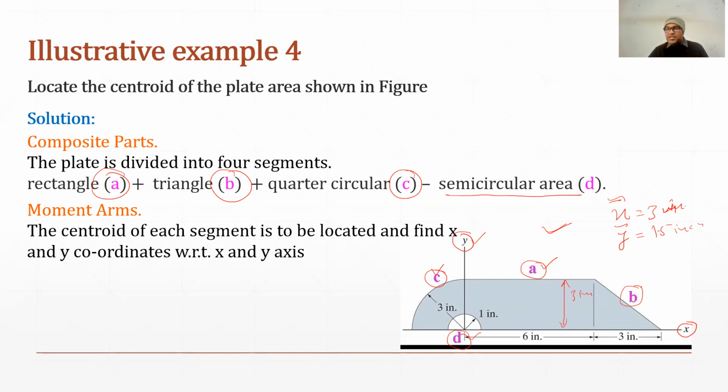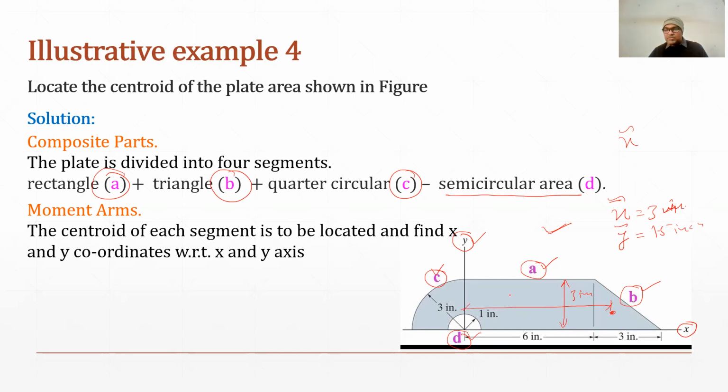Okay, similarly, if we take the area B, its x approx, I mean the CG of this individual area B, it will be here. So with reference to y-axis, what will be the value? This one.